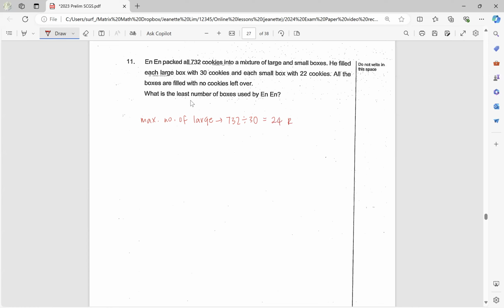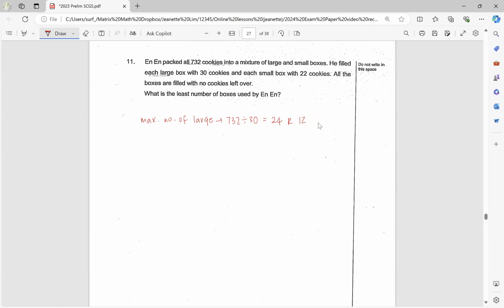Remainder 12. What this means is that if you put as many cookies as possible into large boxes, you end up with 24 large boxes. But there is this extra 12 that is not inside the large boxes. Whatever is left outside of the large boxes is supposed to go into the small boxes. But all the boxes are supposed to be fully filled.